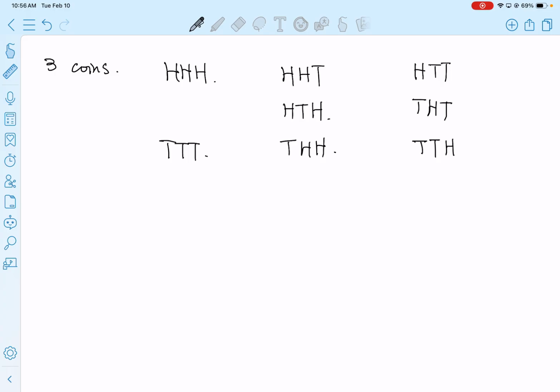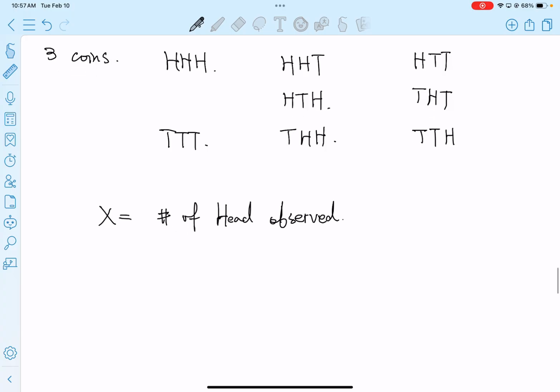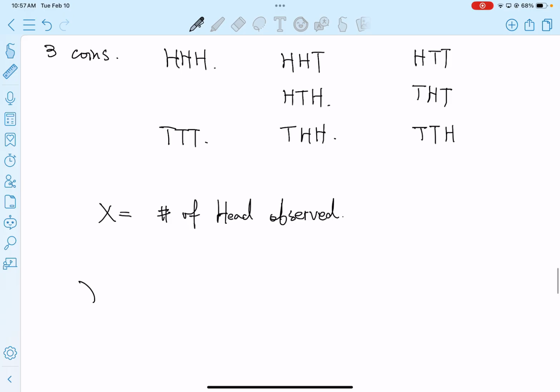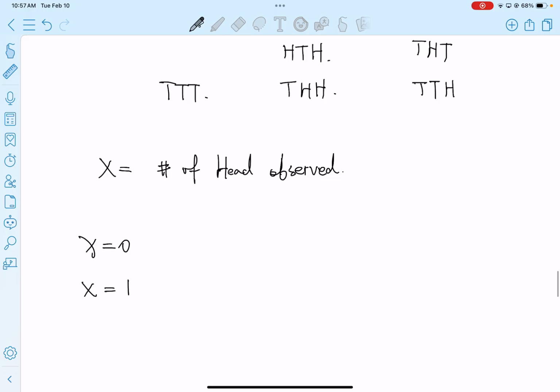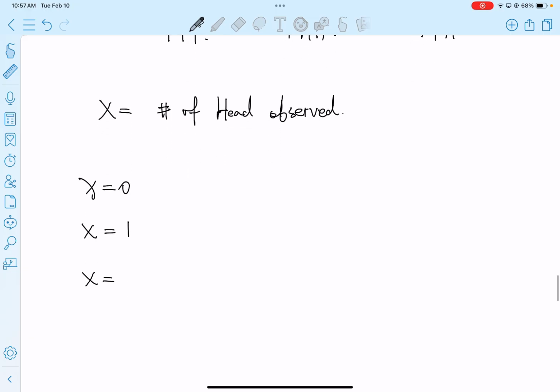Okay, so here for the 3 coin case, we have these 8 particular outcomes. But then they can also be grouped in the following categories in terms of the random variable. So again, let X denote the random variable as the number of heads observed. Then we will also have the case for X equal to 0, X equal to 1, X equal to 2, and then X equal to 3.